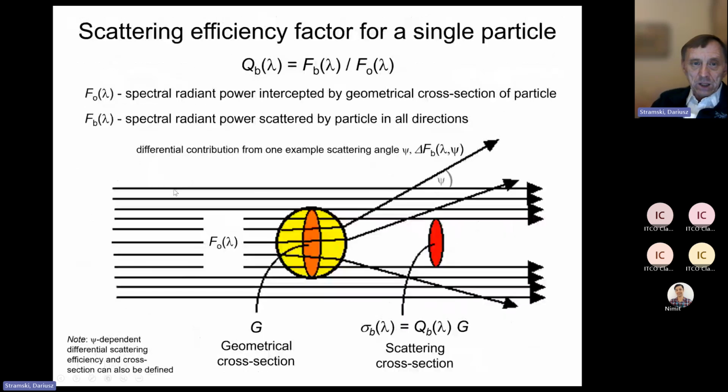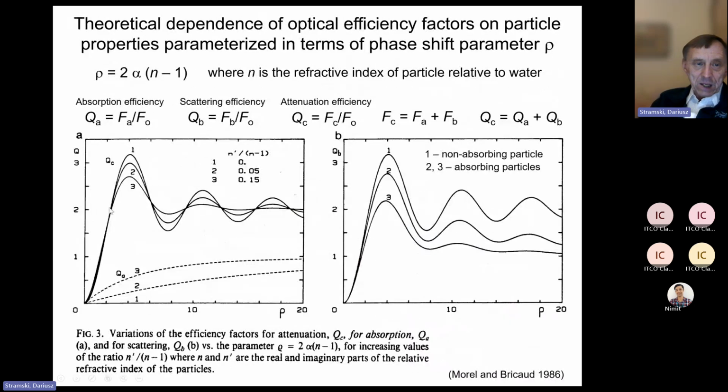So if we look at this curve, lambda is here. If we fix size and refractive index, so let's say we choose a specific type of particle, a specific species of phytoplankton, and we look at the spectral behavior of attenuation, absorption, or scattering, that spectrum will coincide with a certain portion of this theoretical curve.